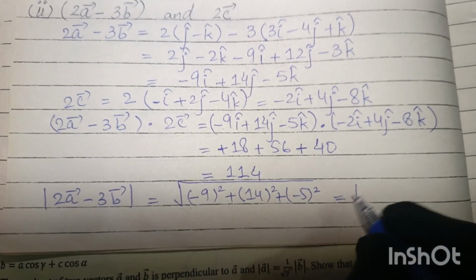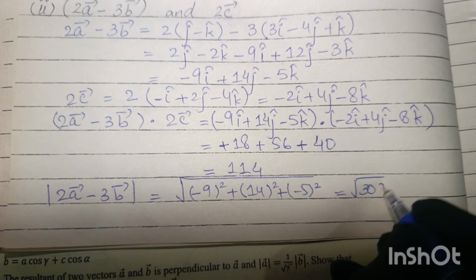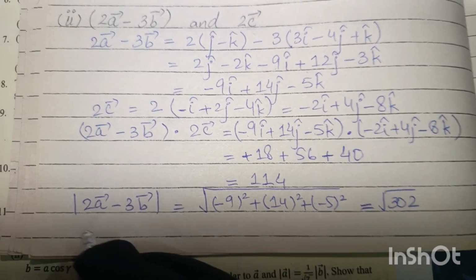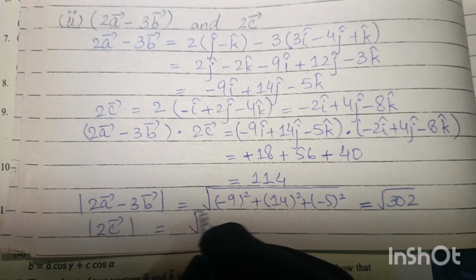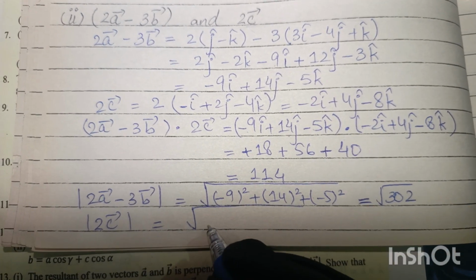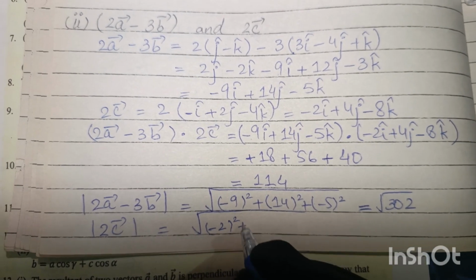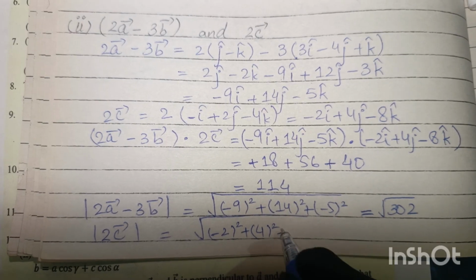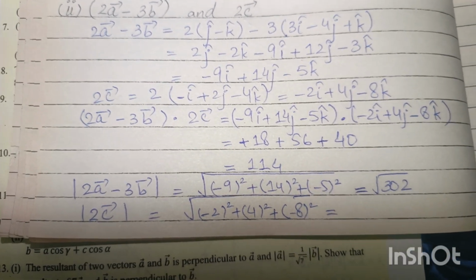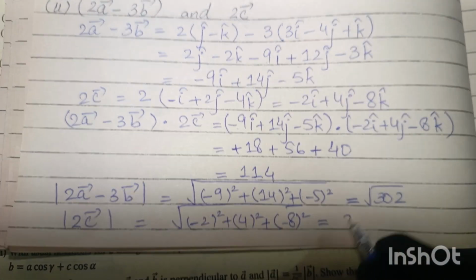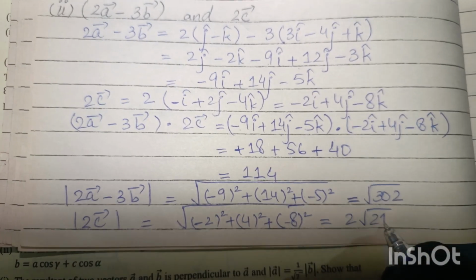So the answer is square root 302. Next, magnitude of 2C is square root of minus 2 square, 4 square, minus 8 square, which is equal to 2 square root 21.